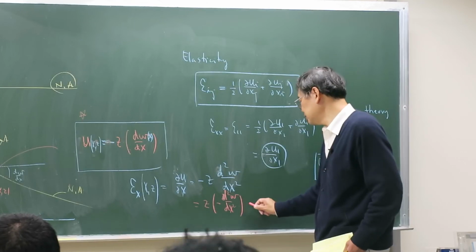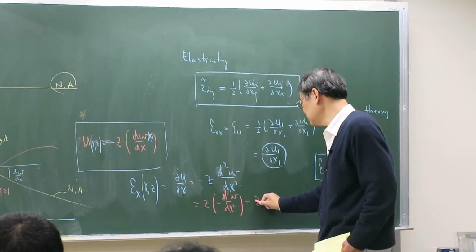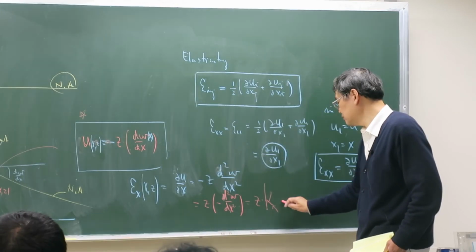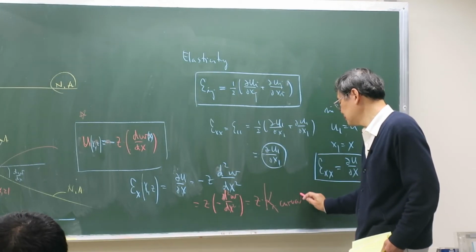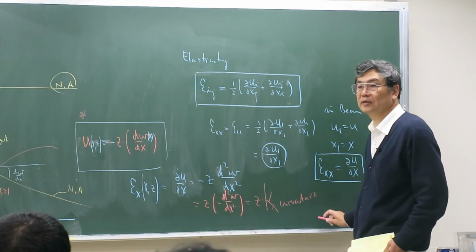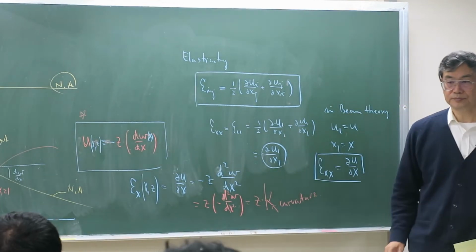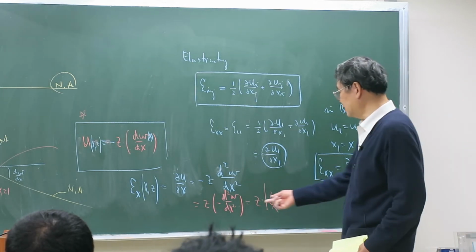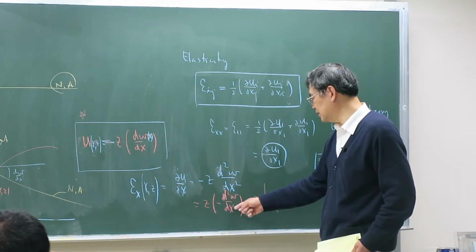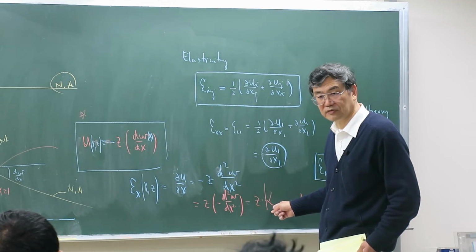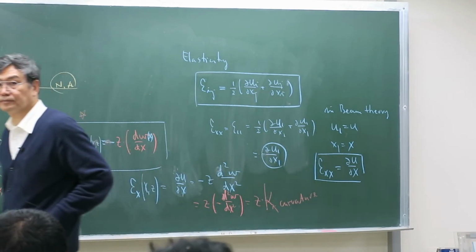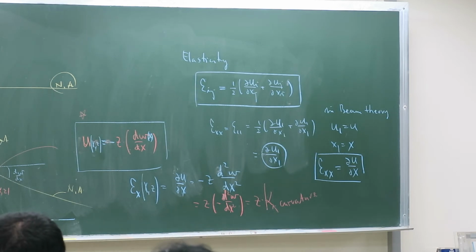And we will show later this is equal to z times the curvature. So this is curvature. Why do we define minus d²w/dx² as positive curvature? I'll show you later.